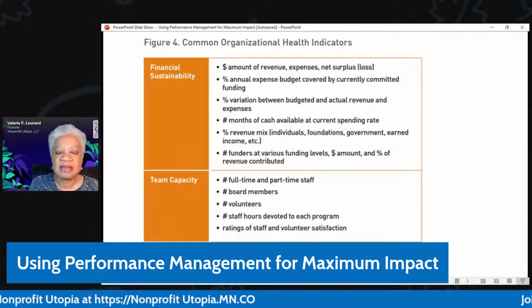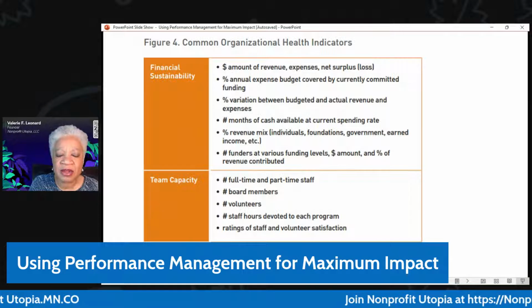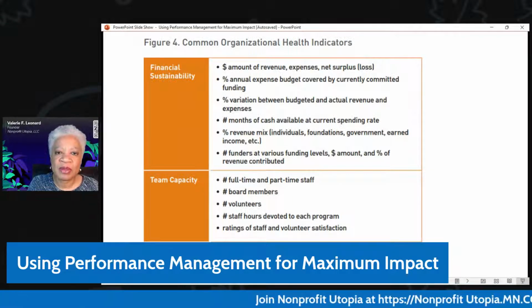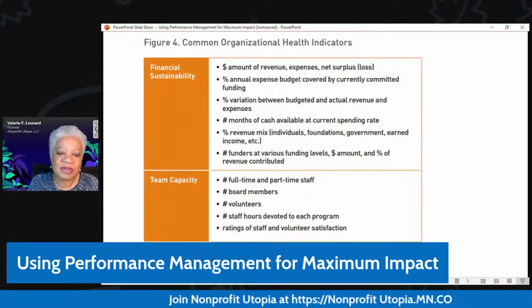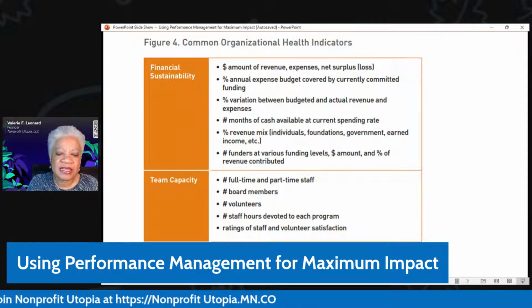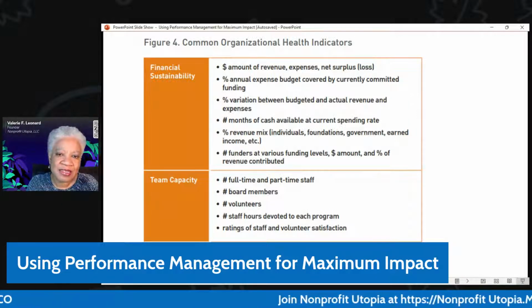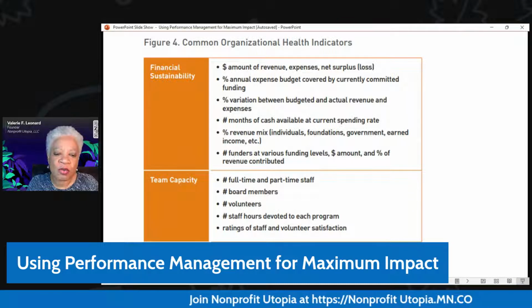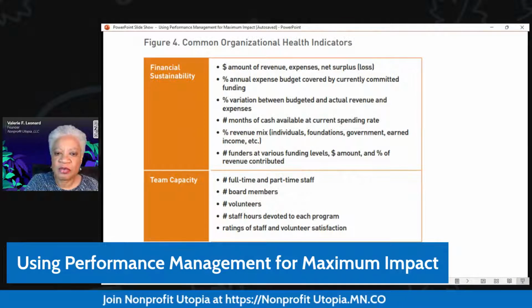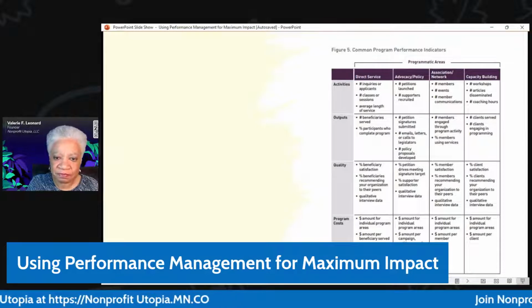When we look at the team capacity, looking at the number of employees, full-time and part-time, looking at our board members, how many we have, what types of skills do they have, same for the volunteers, implementation effectiveness, how many milestones did we meet, and if the work is in progress, how far along are we? How many goals did we achieve? How many outcomes did we achieve?